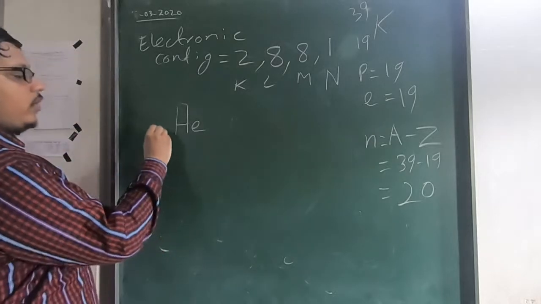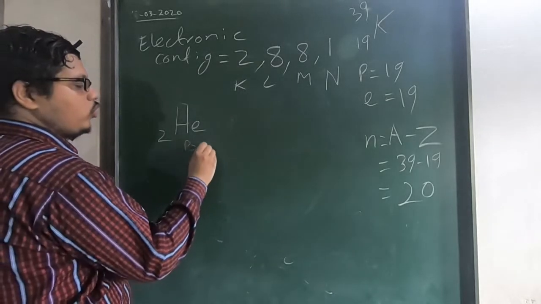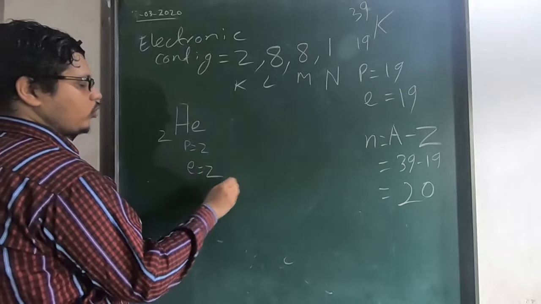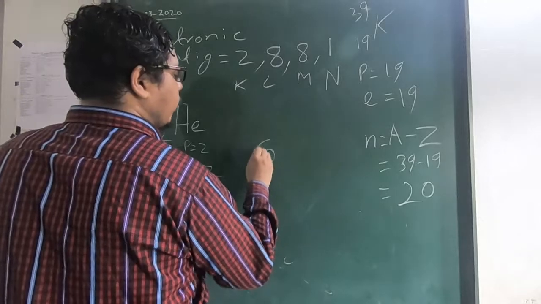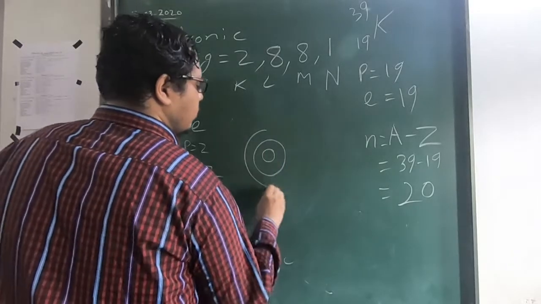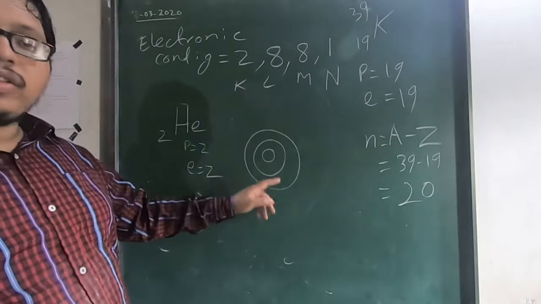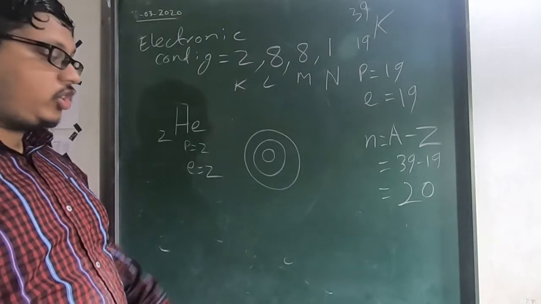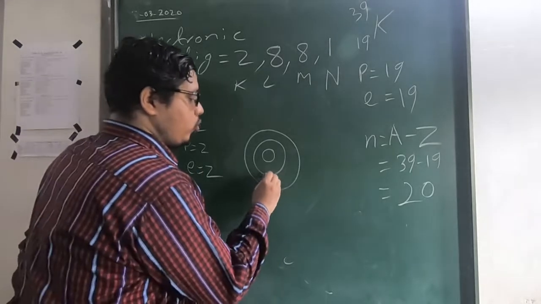Now, helium has atomic number 2. That means proton is 2, electron is 2. Right? So if I draw the structure, how many shells will I need? Will I need these 2 shells? The first shell can get how many? 2. So I've given 2.